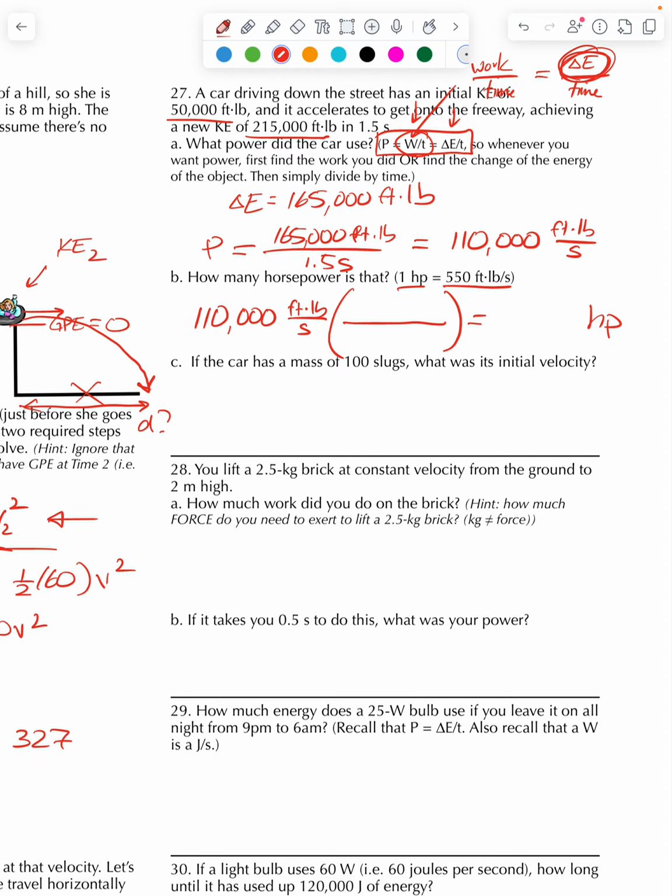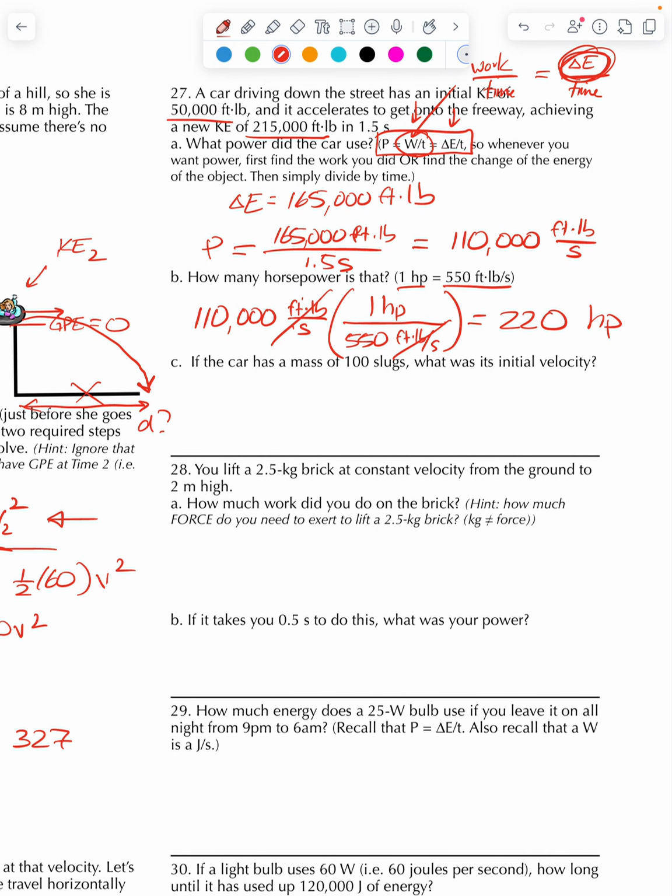And we just need to put the appropriate one on the bottom to cancel. I know we have a numerator and denominator here, but we need to get rid of foot-pounds per second. So I'm going to put 550 foot-pounds per second on the bottom and horsepower on the top. So the foot-pounds per second cancel, and I'm left with horsepower. And that turns out to be conveniently 220 horsepower.